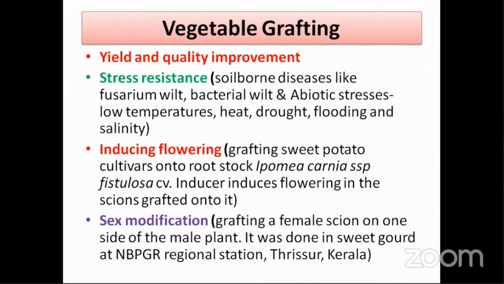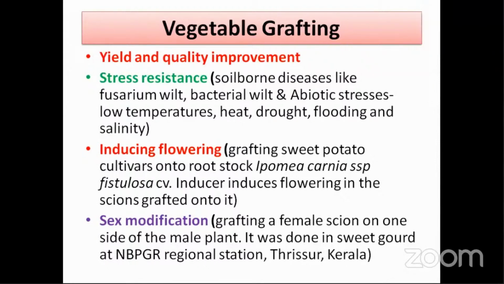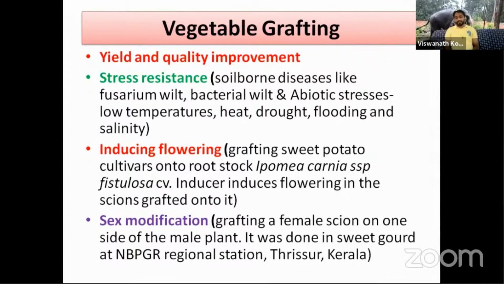Stress resistance. What type of diseases can we solve through grafting? The soil-borne diseases, because here the rootstock is the resistant one. Rootstock produces roots and is connected to the soil. So when you use a disease-resistant rootstock and a susceptible high-yielding scion, you can produce high yield without the problem of the disease.